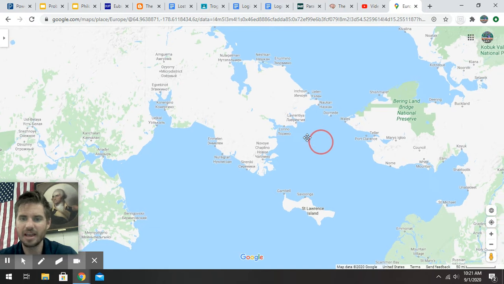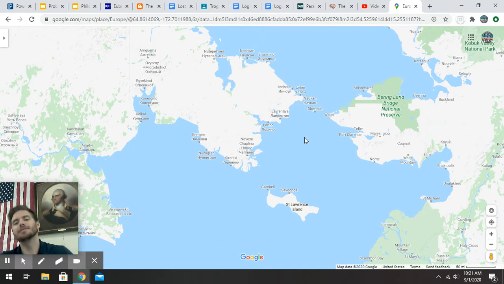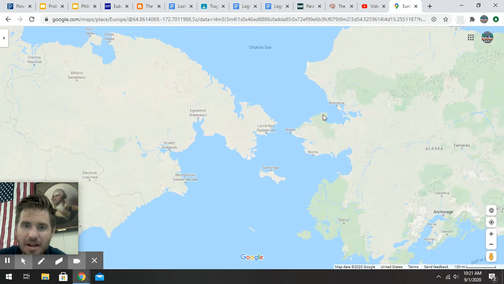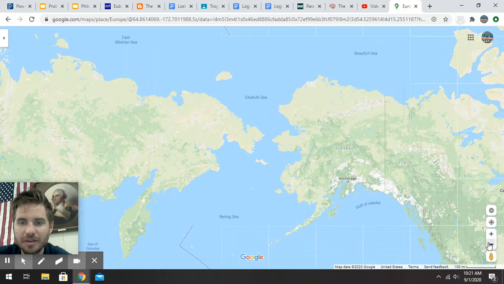So again, thousands of years ago, these two lands were actually connected by ice. But over time, as the climate warmed, there was a changing climate, this ice bridge essentially melted, and it separated these two continents from each other.